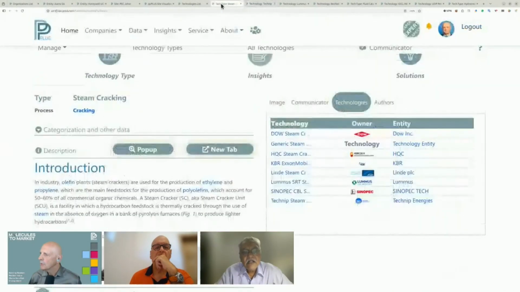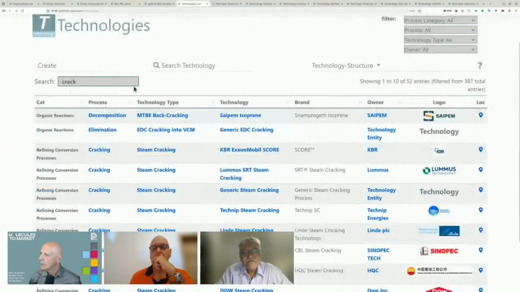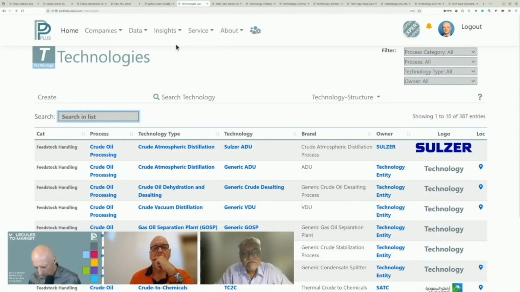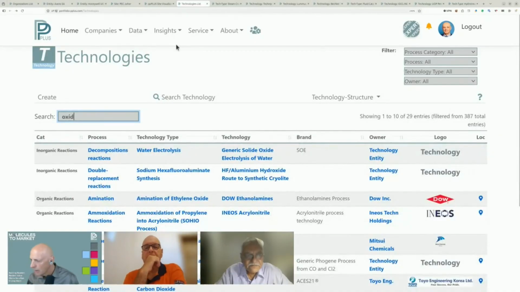Let's see. I'm not sure I have so much. PTA. How is it? It's an oxidation process, right? Pure terephthalic acid. Yeah.